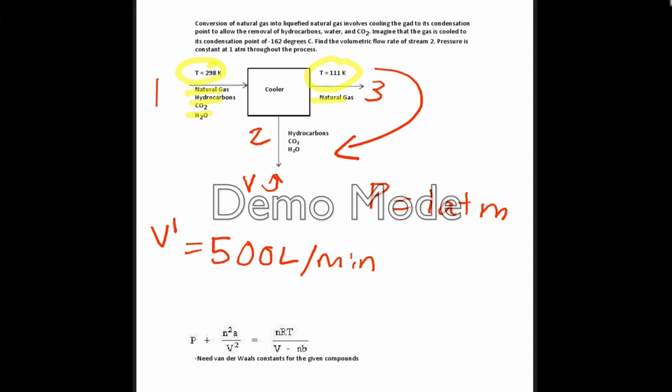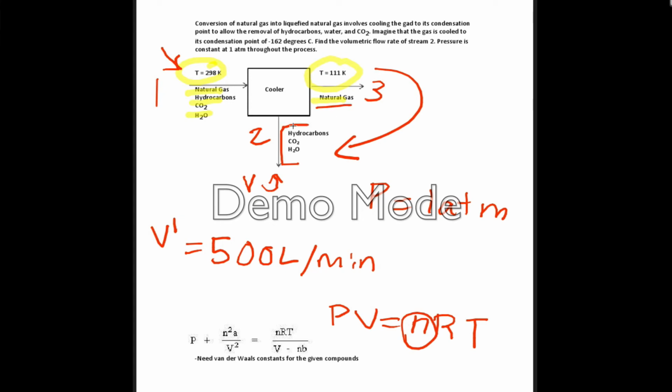So using the ideal gas law, we can find the total molar flow rate of stream 1. This is because we know the pressure, we know the volume, and we know the temperature, very similar to the last problem. And also because this temperature is far from the condensation points of the gases. So once we find n, we can calculate mole balances to find the moles of all of these compounds.